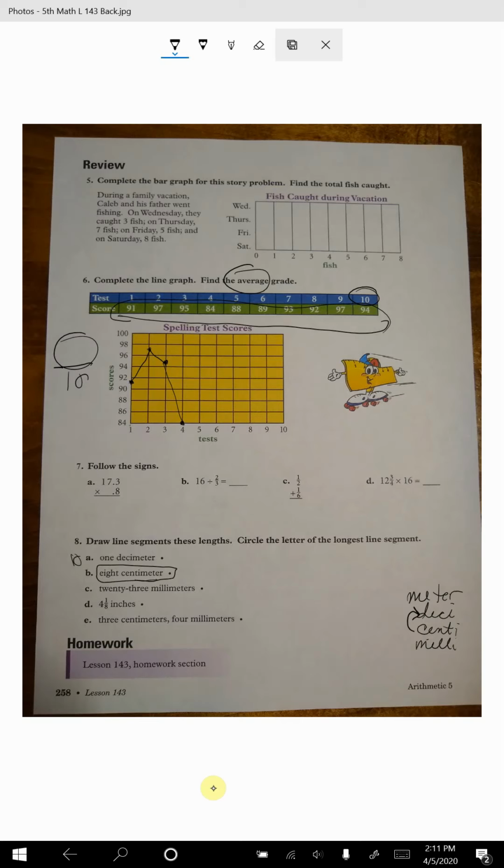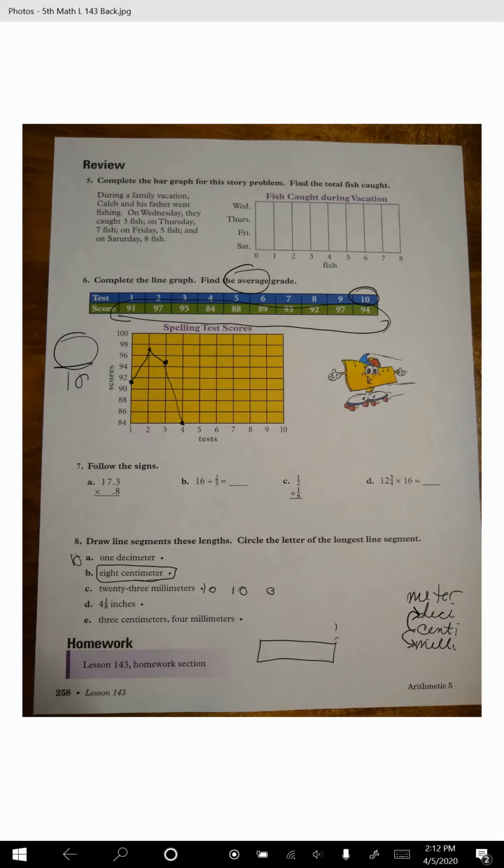23 millimeters, well, it takes 10 millimeters to make a centimeter. So every 10 millimeters would be a centimeter. So you're going to have 2 centimeters and then 3 more of the really little marks on that ruler. 4 1/8, you might have to have somebody help you because your inches are going to be marked off.